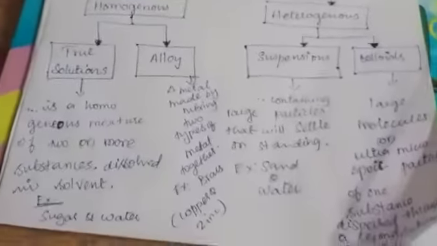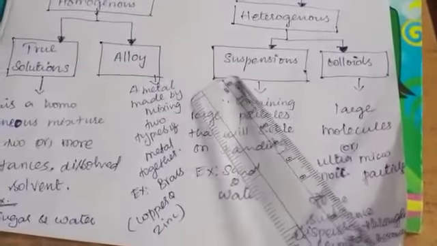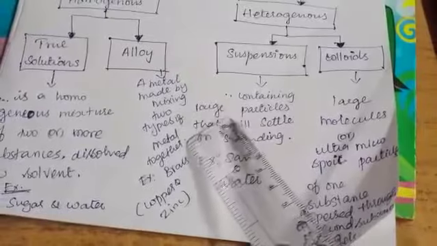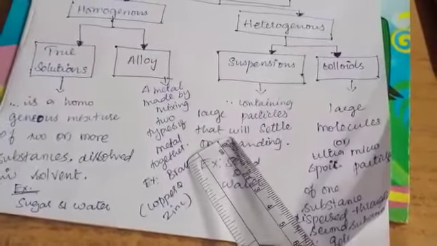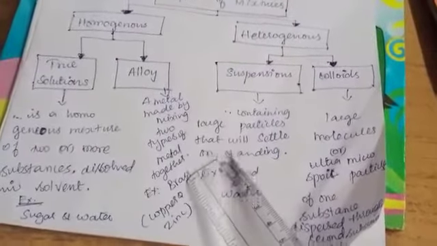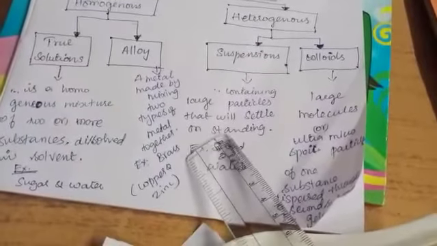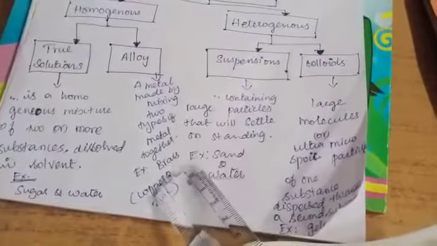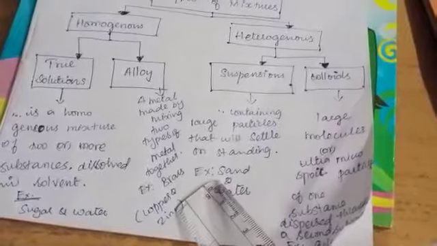Next one, alloy. What is meant by alloy? A metal made by mixing two types of metal together. For example, brass. Brass is made up of copper and zinc.